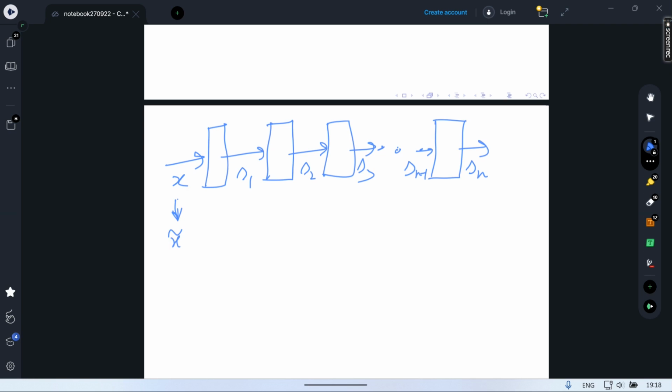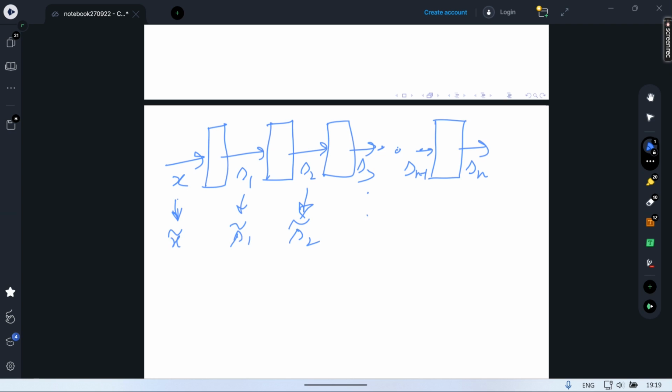So you might want to normalize these intermediate states S1, S2, S3 as well, to S1 tilde, S2 tilde and so on, such that the norm of S1, S2, S3 remains close to 1 and their means remain close to 0.